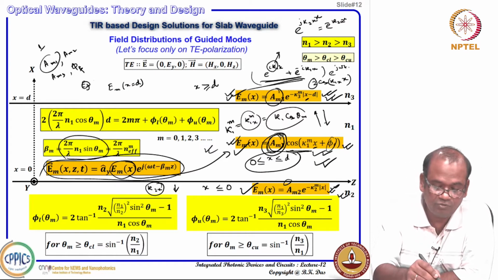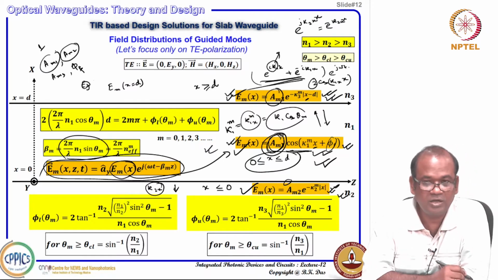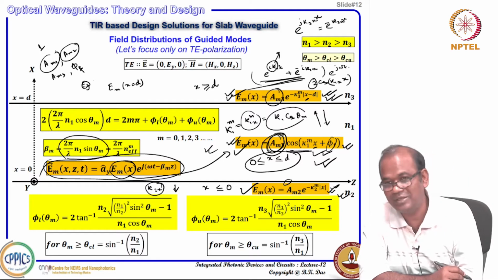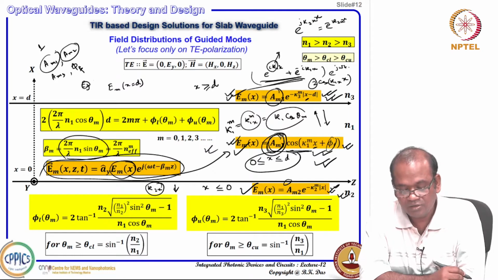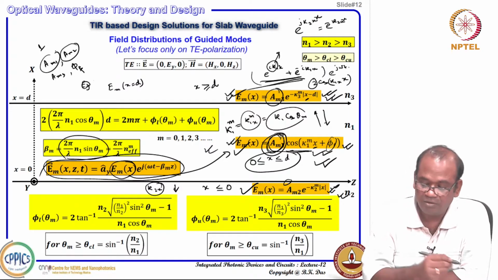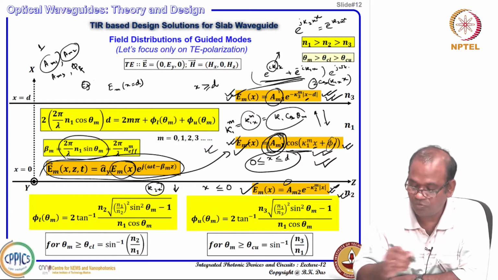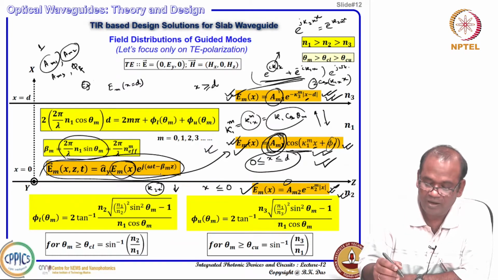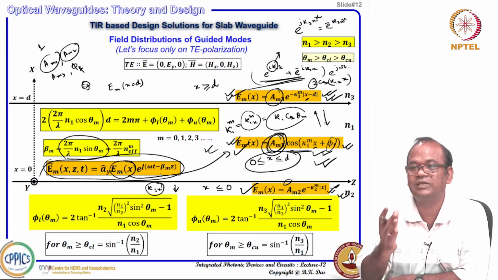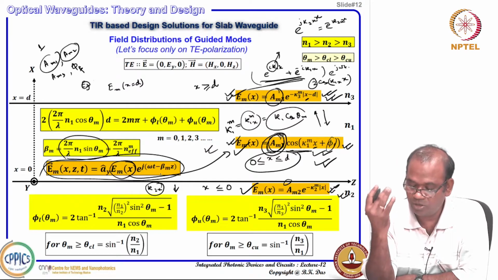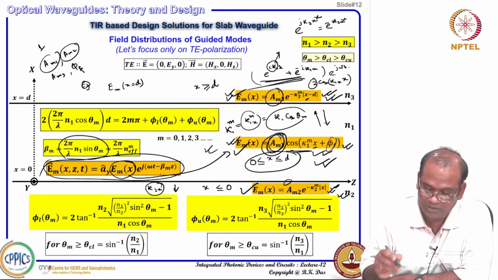Then, with respect to that, I can find out using the boundary condition what the AM2 value and the AM3 value are. Okay. Once we get that, we can also find phi f. In this way I can get the field distribution along x direction, that is the mode solution, and you get it for a particular theta m.